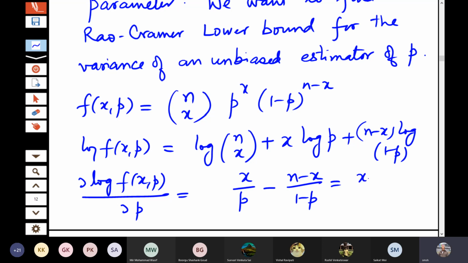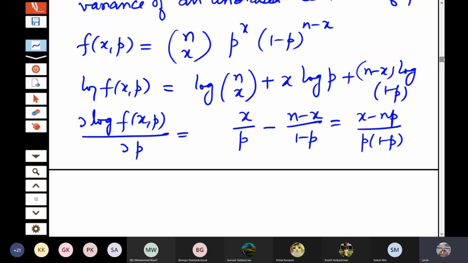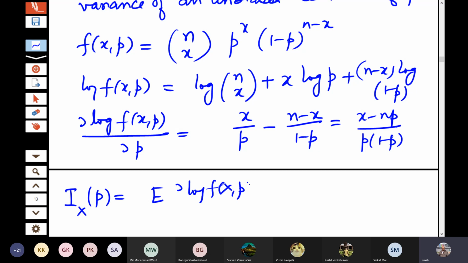So this is nothing but (x minus np) divided by p into (1 minus p). If you remember, I had looked at the sign of this, increasing and decreasing, and then we had found the maximum likelihood estimator. So exactly that term has come here. Now for the lower bound, I will calculate the information here, that is the expectation of (del log f_X(p) by del p) whole square.